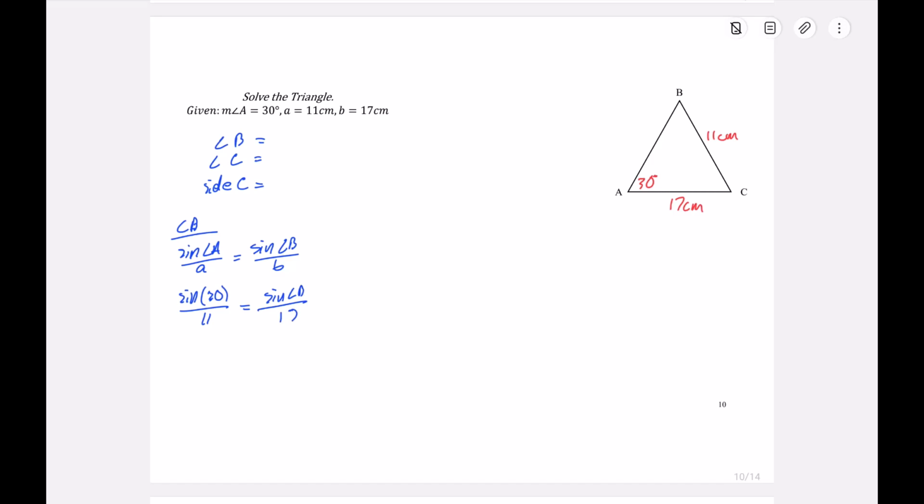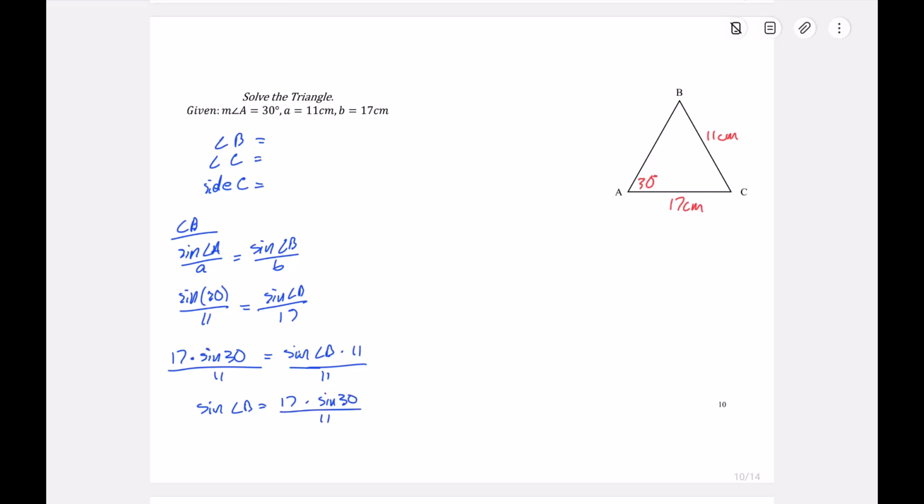If we cross multiply, we can do 17 times sine of 30 equaling sine of angle B times 11. If we divide by 11, we can get sine of angle B is equal to 17 times sine of 30 all over 11.